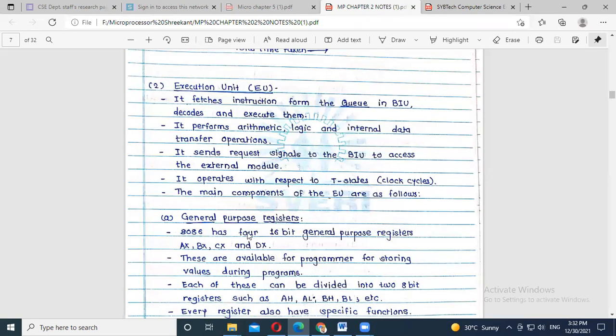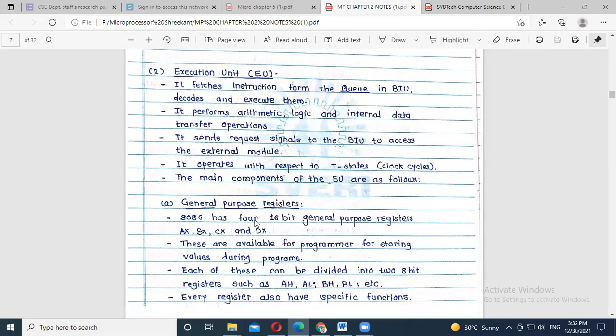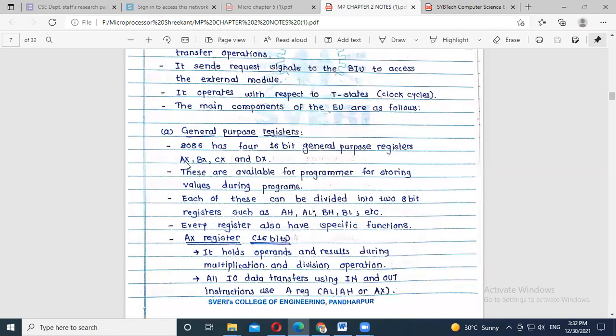In the execution unit, there are general purpose registers: AX, BX, CX, DX. Here X means either H or L: AH or AL, BH or BL, CH or CL, DH or DL. Generally we use AX, BX, CX, and DX.